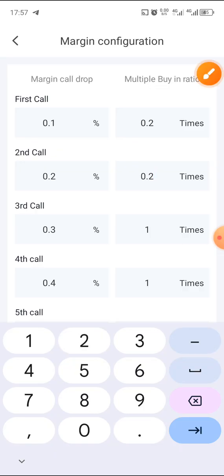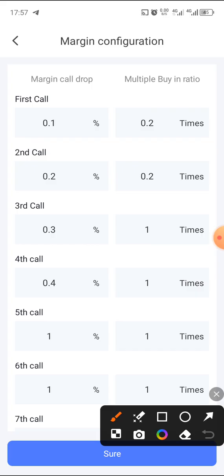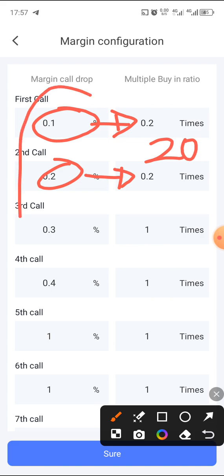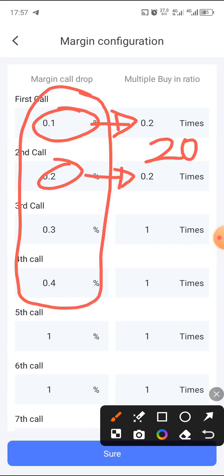Meaning that on your first margin call, the robot will put in $10. The second margin call, it will put in $10. So these are 20. But our goal is to make sure $50 is divided and distributed into these 4 margin calls.